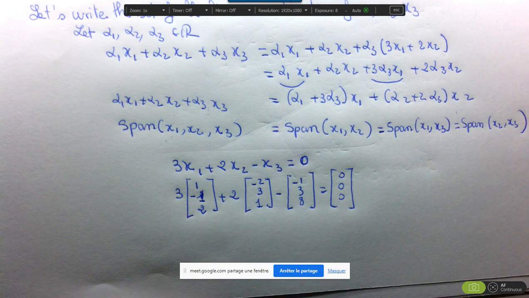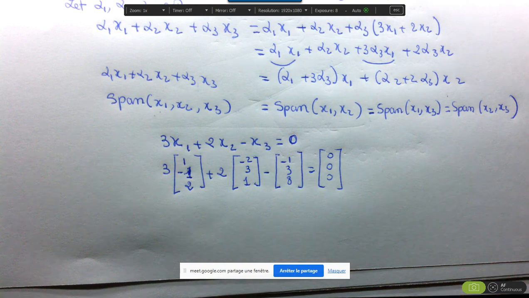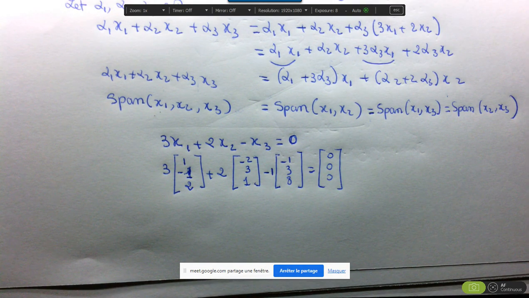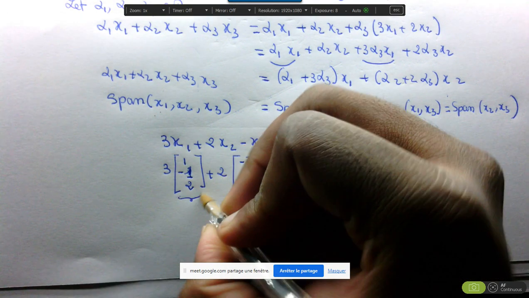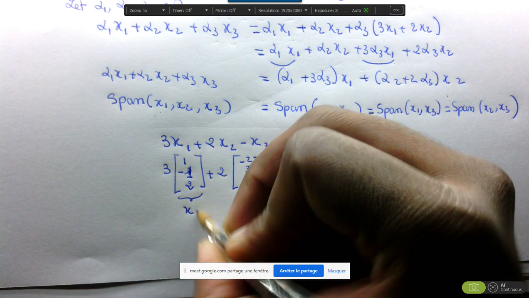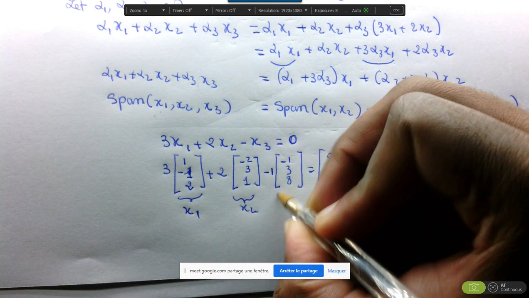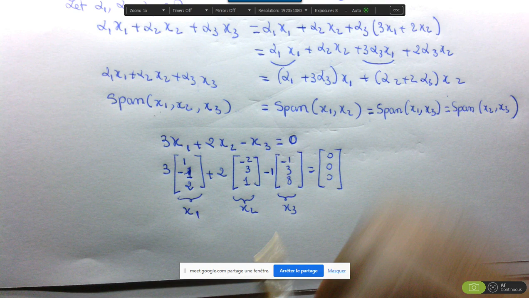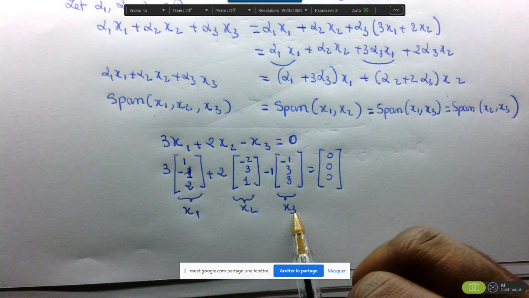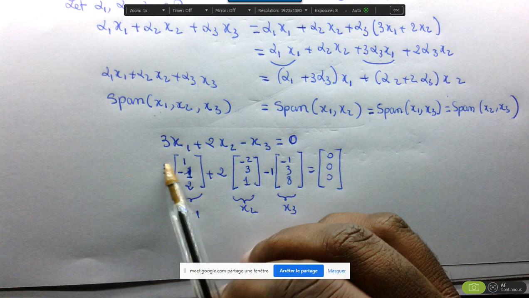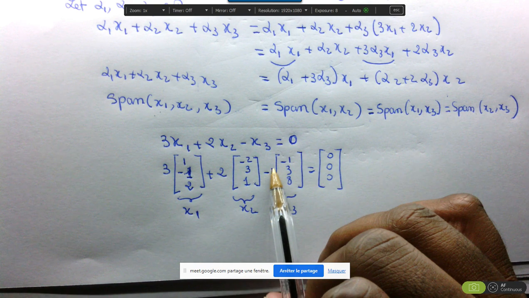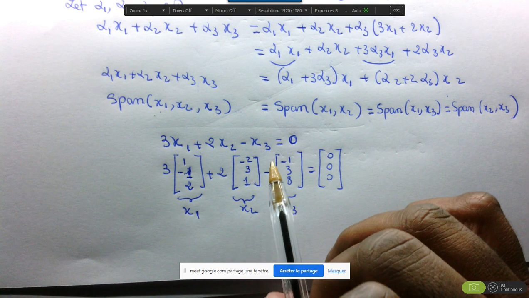So here the coefficient is 1. We can say that three vectors, x1, x2, and x3, are linearly dependent if the coefficients here are not all zero.